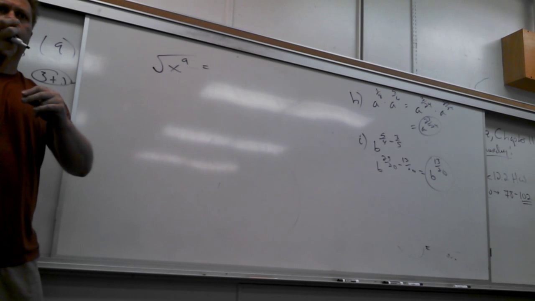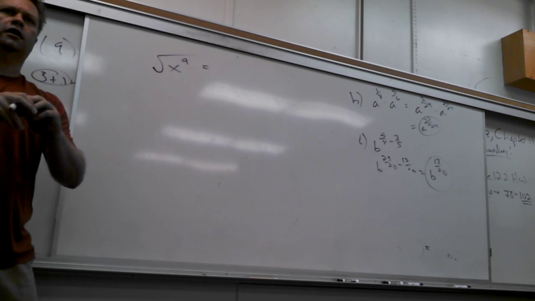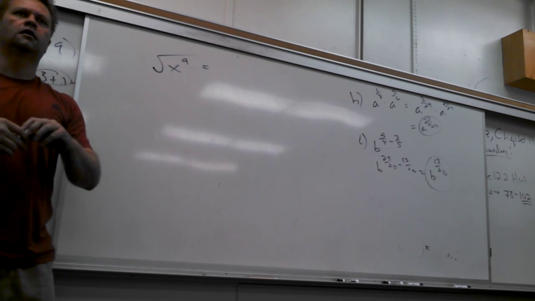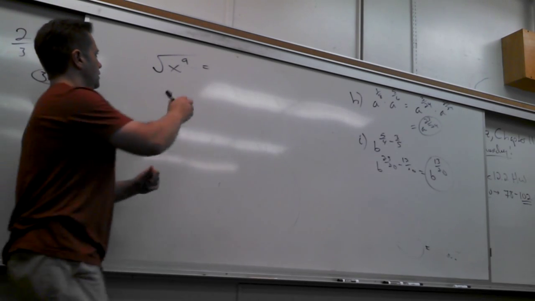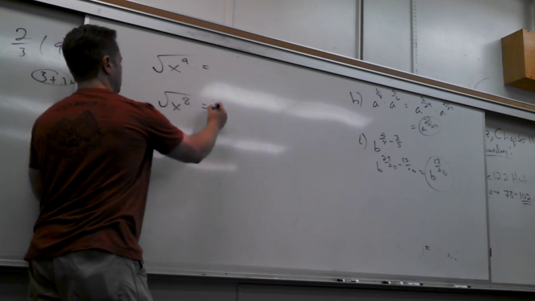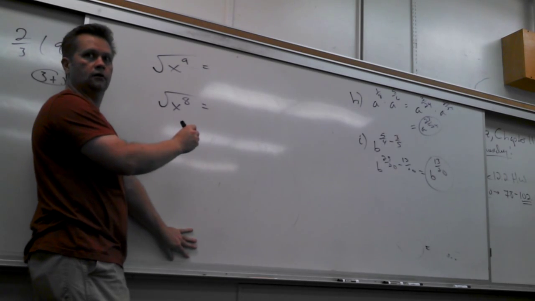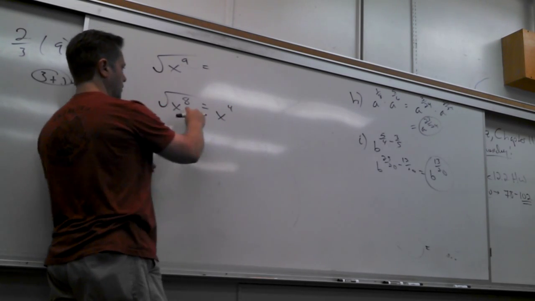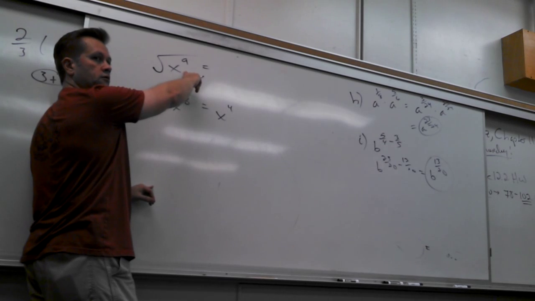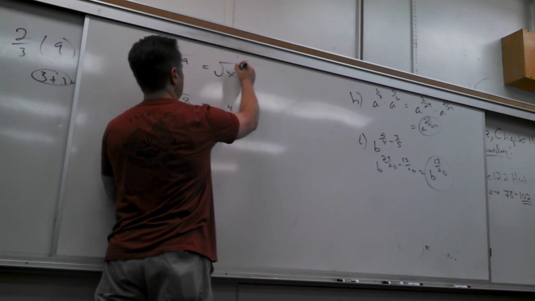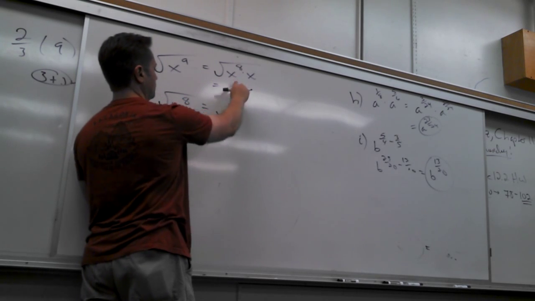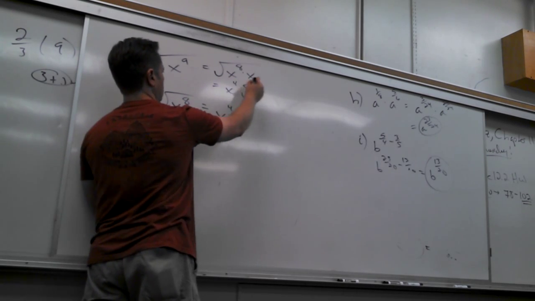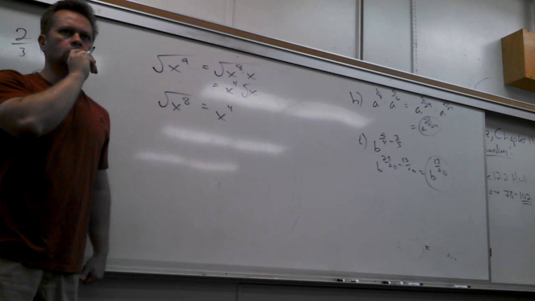I couldn't do the square root of x cubed. Now thinking about this, how many extra x's are in here? 1 extra x. So if I write this as x to the 8th times x, what's the square root of x to the 8th? And what's the square root of x? I don't know.